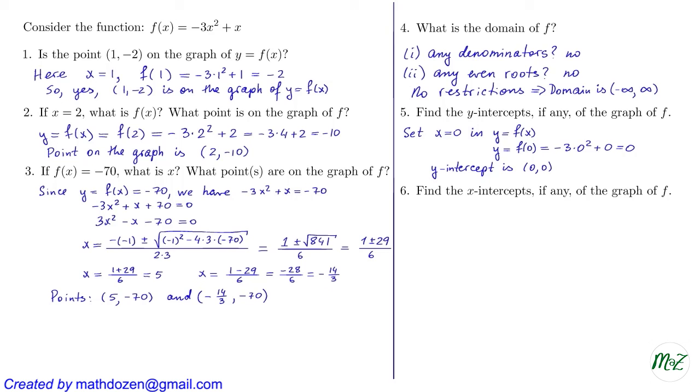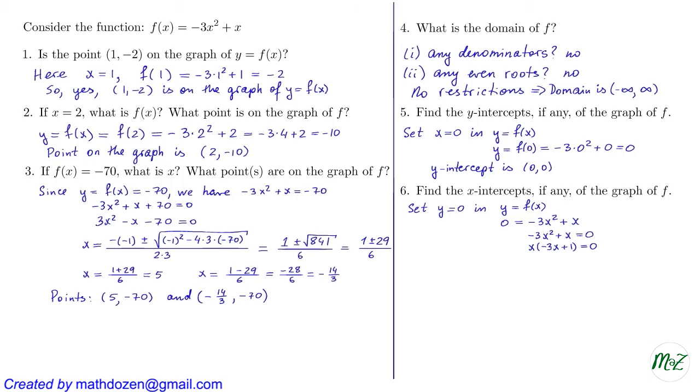And for the last question, we have the question to find x-intercepts. So we're going to set y equals 0 in the equation y equals f of x. So we have 0 is equal to negative 3x squared plus x. So you set the entire expression for the function equal to 0. And if you solve it, you're looking at the equation negative 3x squared plus x equals 0.